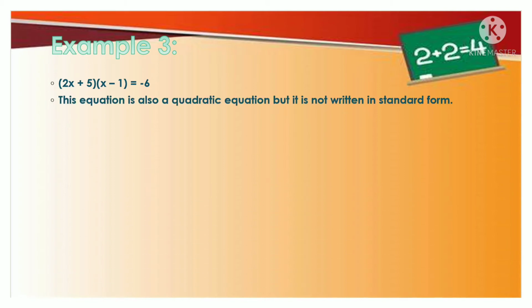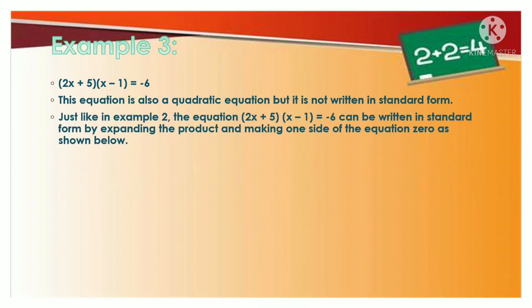Let us have another example, number 3. Our equation is the quantity of 2x plus 5 times the quantity of x minus 1 equals negative 6. This equation is also a quadratic equation, but it is not written in standard form.